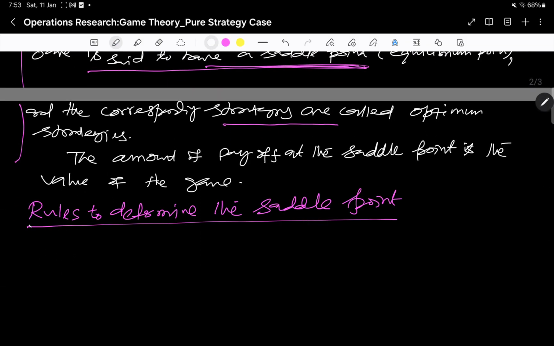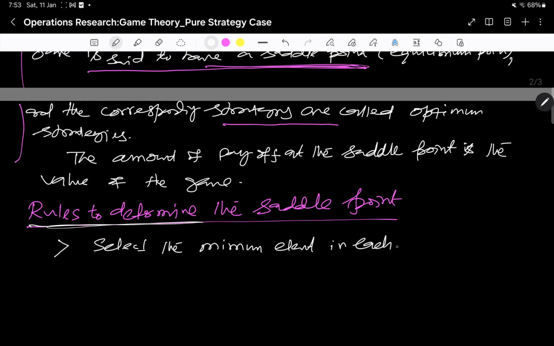So now the rule to determine the saddle point. In each row we find the row minima. Select the minimum element in each row and mark them, suppose with a star.